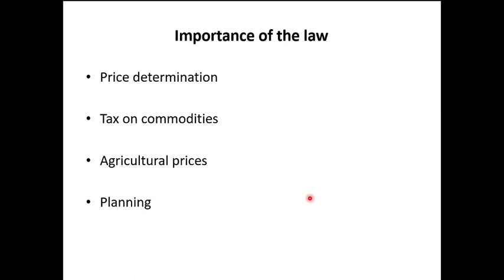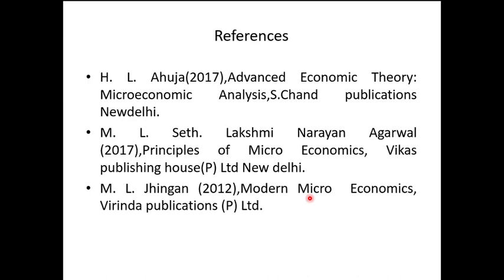So by determining price it will be helpful, and to determine tax on commodities also it will be helpful, and to decide agriculture prices, and in the case of planning, the demand law helps very much. Okay, so this is actually the law of demand.